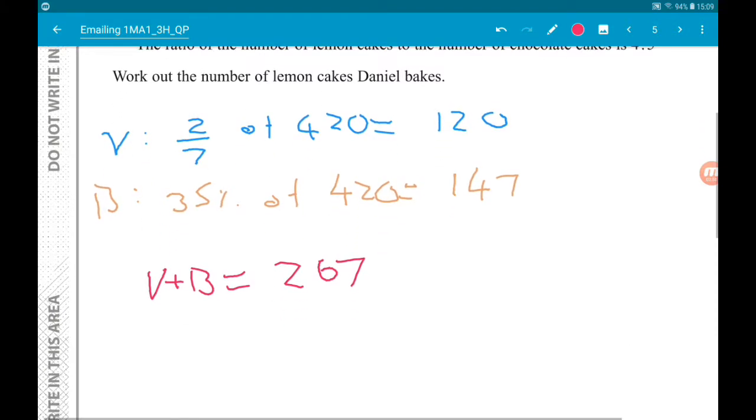So that means lemon and chocolate together have to make up 420 minus 267.